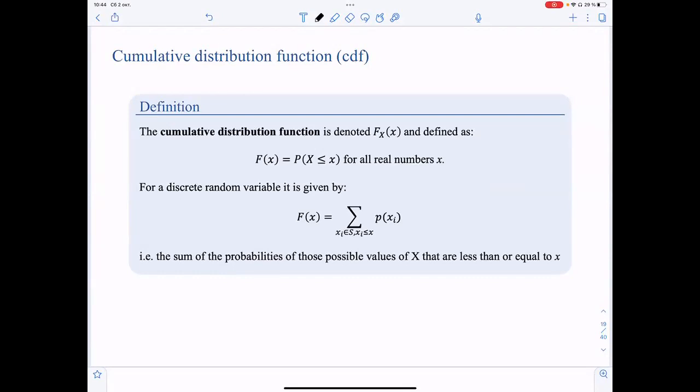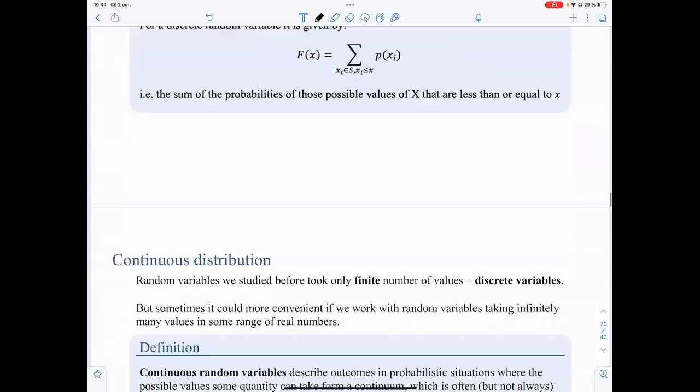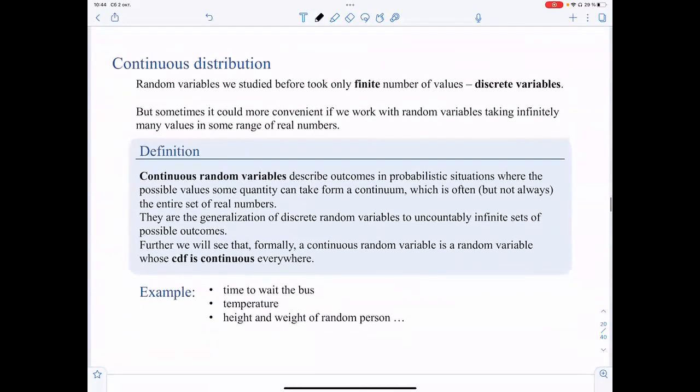An example of these variables is, for example, the temperature. The temperature could be estimated as precisely as you want, as your equipment allows you to do that. And it's called a continuous random variable. The time: time could be measured in days, hours, minutes, seconds, milliseconds, and so on.